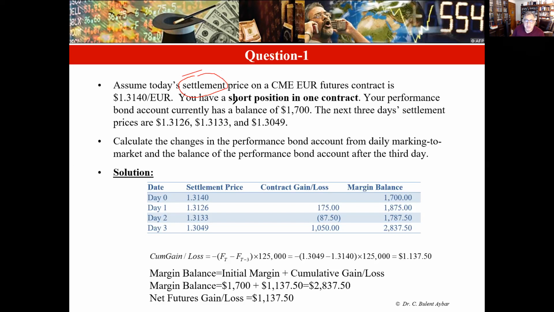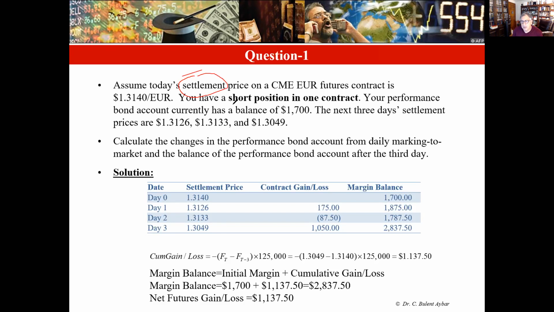That preset rule could be the volume weighted average of the price during a particular time frame. So the exchange calculates the average price, and at the end of the trading day determines what that average price is going to be, and it is declared as the settlement price.